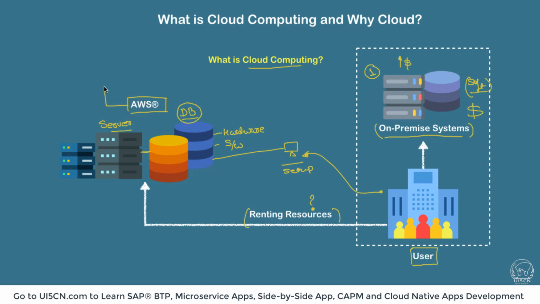For example, AWS is offering a software, and you just use this software. You don't have to pay any initial investment for the hardware or for the software. You directly use the software, and based on how many users are using it, you just pay AWS the amount.